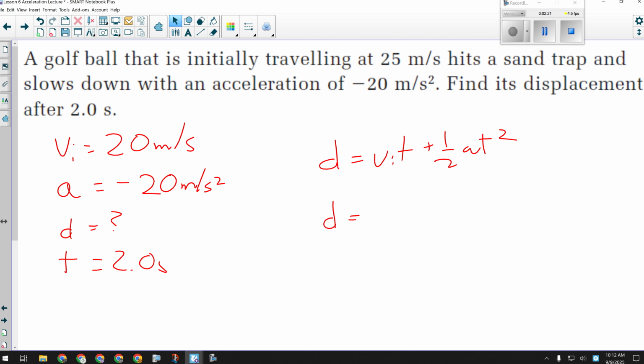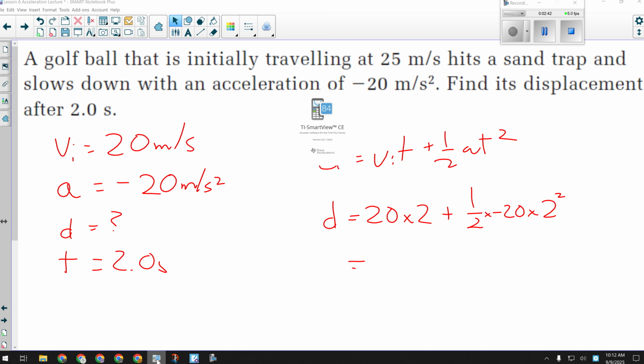All right, so that's going to be VI 20 times 2 seconds plus 1/2 times negative 20 times 2 seconds squared. So if I punch all of that in, I'm going to have 40 here, plus negative 20 times 4, negative 80, negative 40.